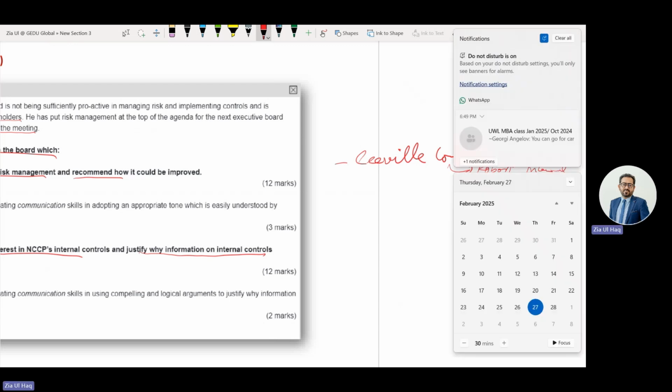What does the company need to do? The company needs to prepare a report on internal control system, including risk management system, and it must be communicated to Savile Council on a regular basis to satisfy them and maintain their source of funding.